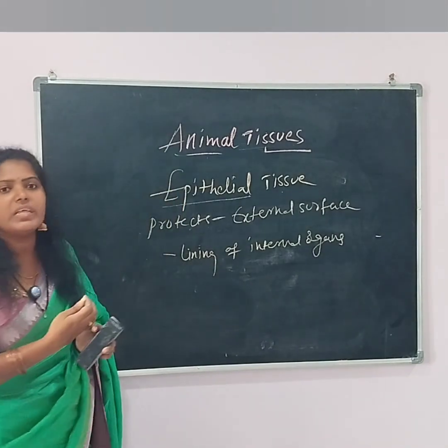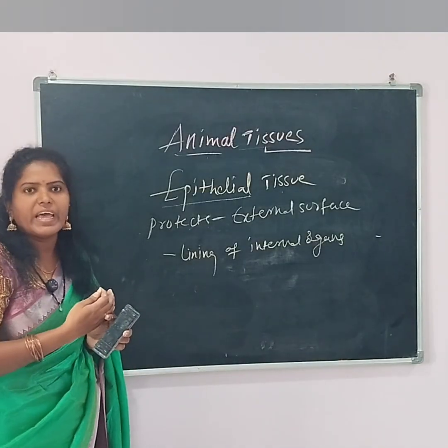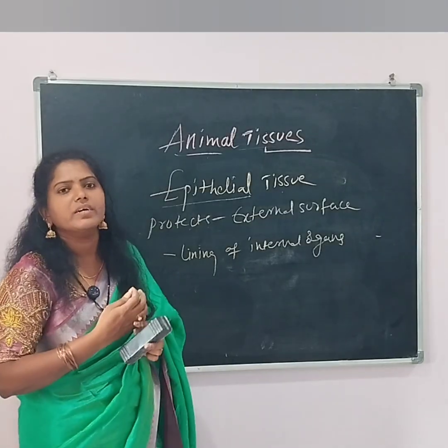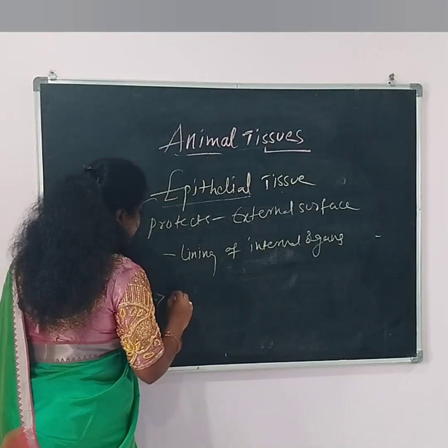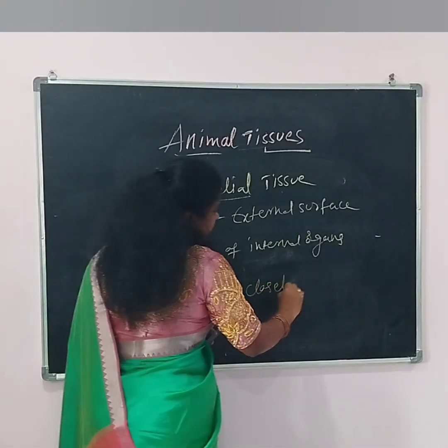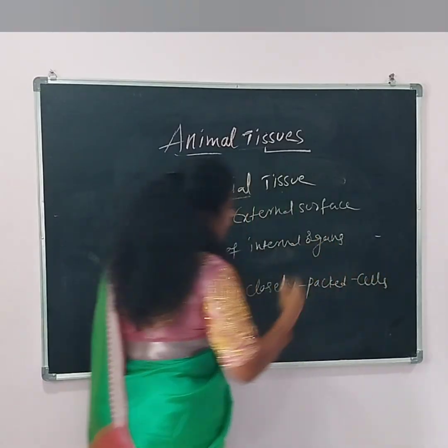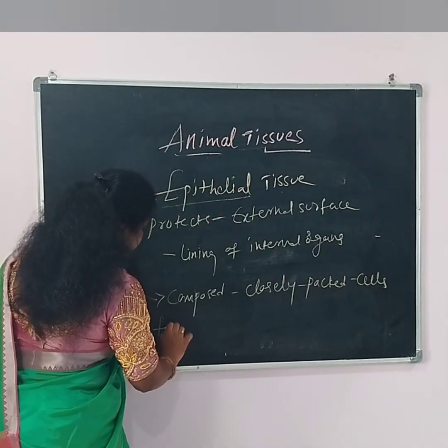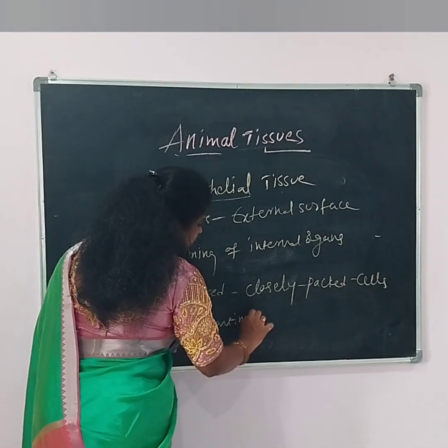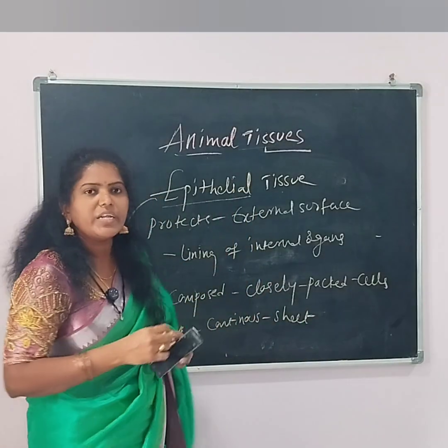And what is epithelial tissue? Epithelial tissue is a tissue of the animal body. It is composed of closely packed cells and forms a continuous sheet-like structure, called the epithelial tissue.